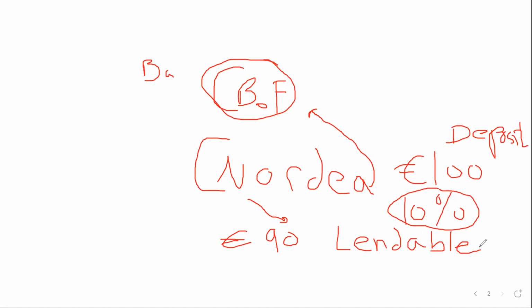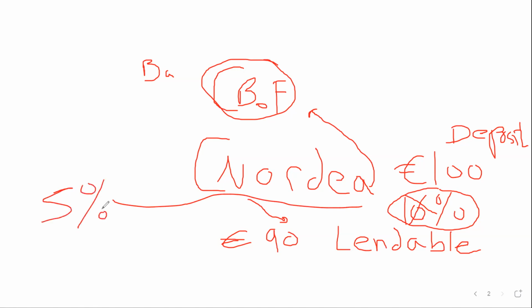Imagine the Bank of Finland, the central bank, feels that we need to create more money supply. Where is the problem? Why is money not spreading? Then they realize that maybe this 10% is too much. They say, okay, cancel 10%, make it 5%.